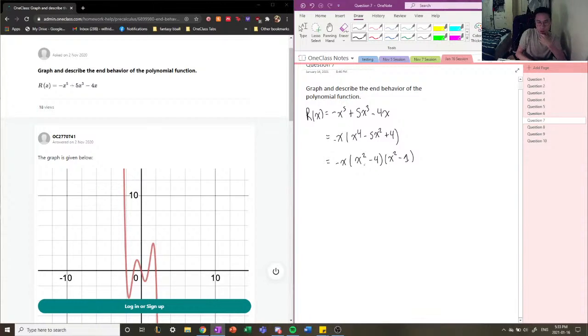And we recognize that these are differences of squares, right? So we can further factor this to be negative x times x plus 2 times x minus 2 times x minus 1 times x plus 1. Okay? So we found our zeros, and our zeros are x equals 0, negative 2, 2, 1, and negative 1. Now that we have found our zeros, we can plug them in here.